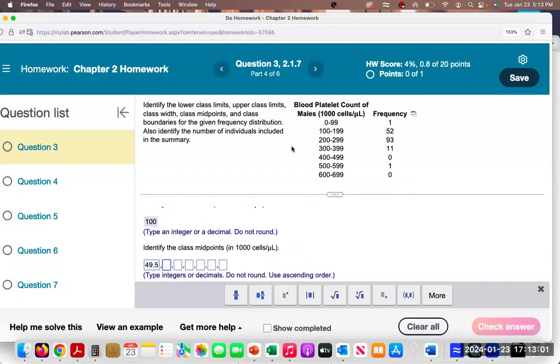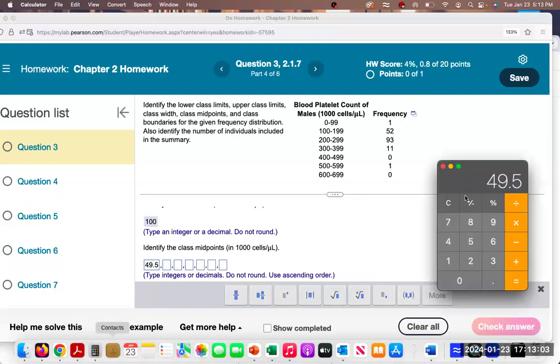So for the next class, I'm going to do 100 plus 199. So the lower value plus the upper value, you take the sum, you divide it by 2.